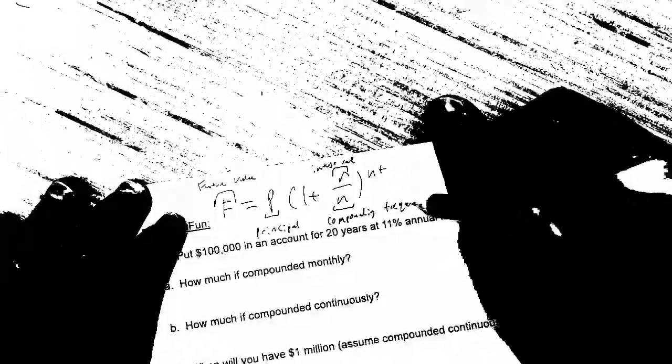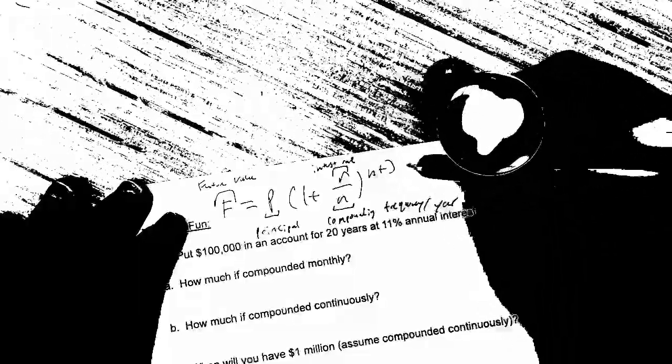This is principal. This is like your interest rate. This is compounding frequency per year.